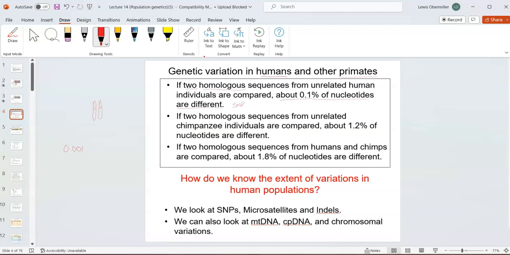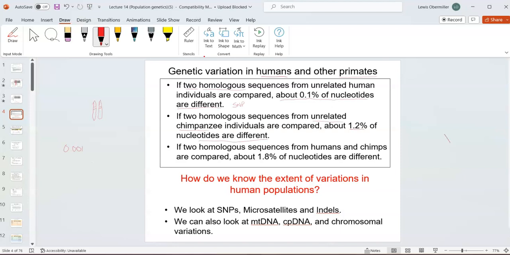If we looked at sequences from unrelated chimpanzees, so we're just randomly picking a chimpanzee out of a population, they're not like cousins or closer, about 1.2% of their nucleotides would be different. So what does that tell you?